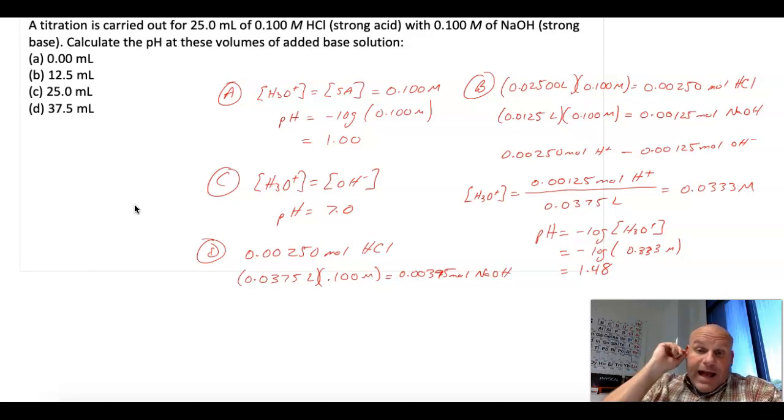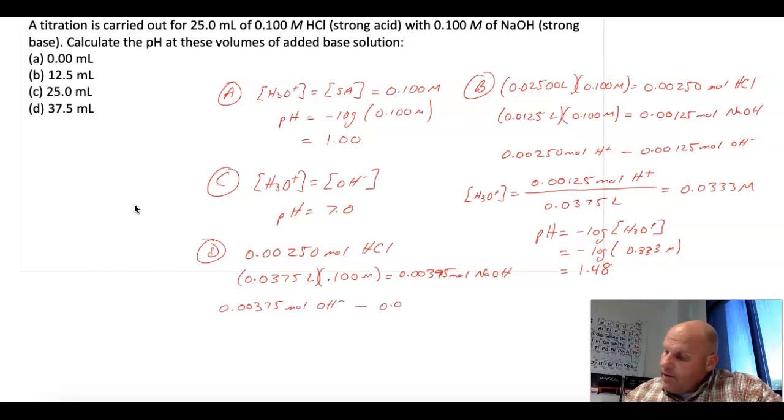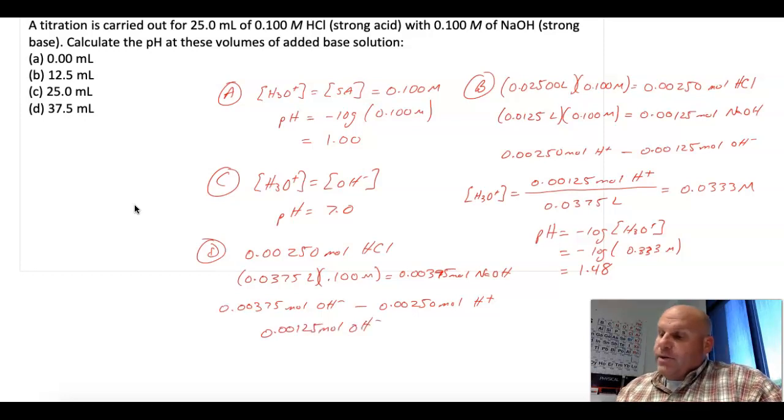Okay, now I'm going to subtract, and of course, this time when I subtract, I'm going to have a greater amount of my OH, or my basic component, than I have of my acidic component. So I end up with a similar value, but now that is moles of OH.